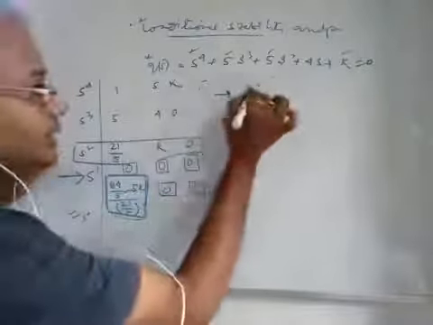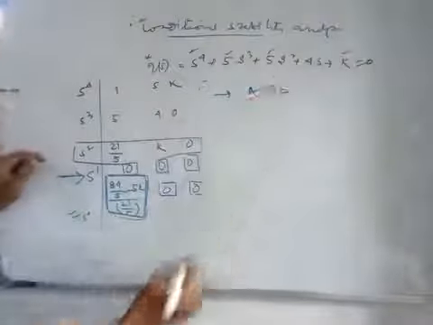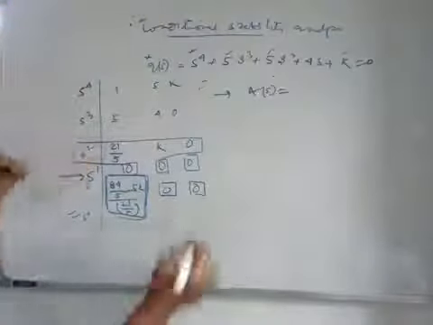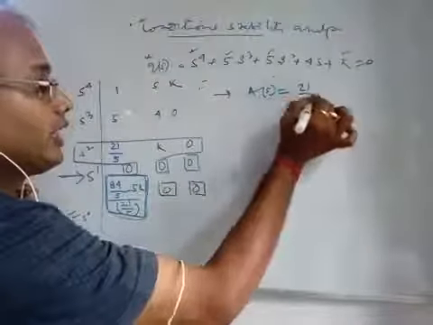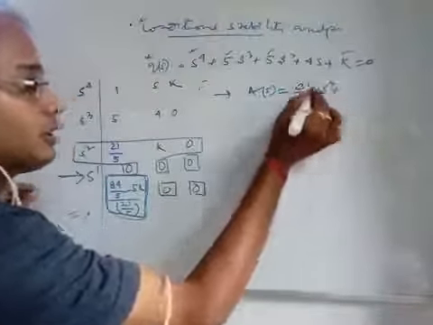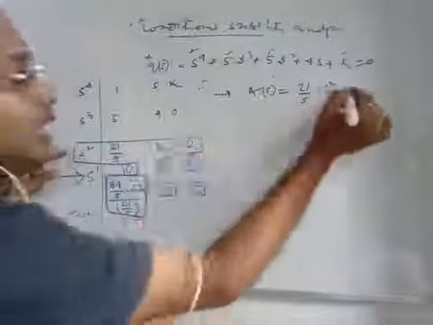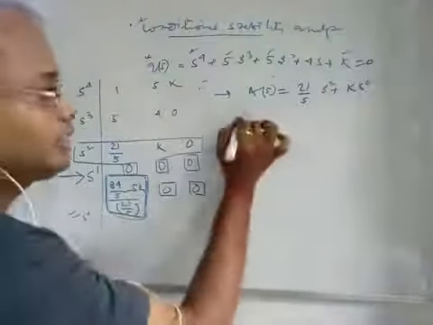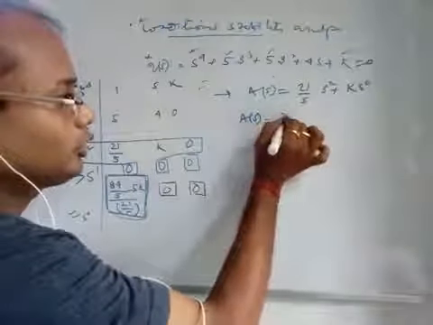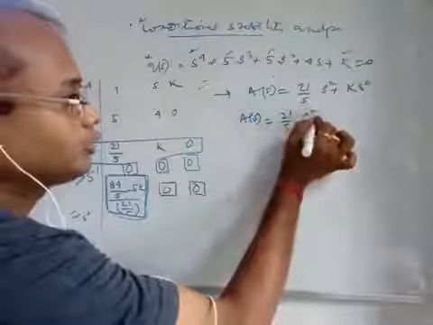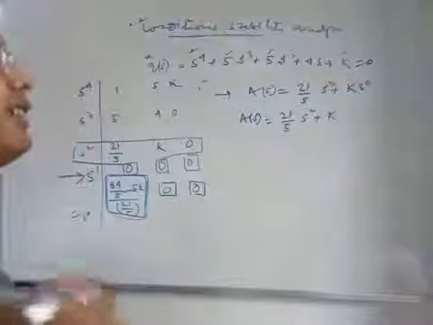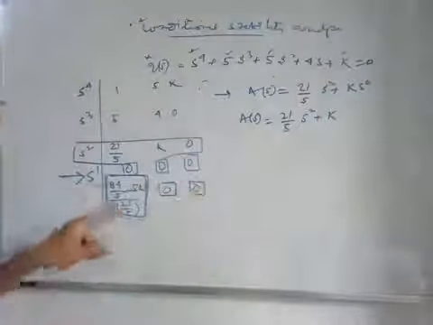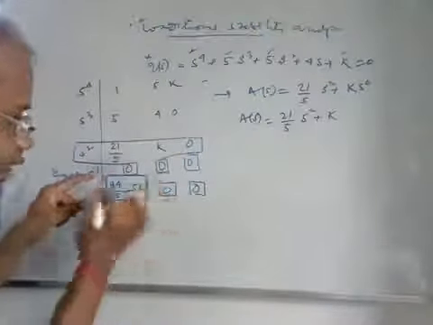So that is your auxiliary equation. So what is the auxiliary equation? This will be 21 by 5 s square, because it is the s square row, and k into s to the power 0. So the auxiliary equation becomes 21 by 5 s square plus k, and we know the value of k is 84 by 25 when this condition is achieved.